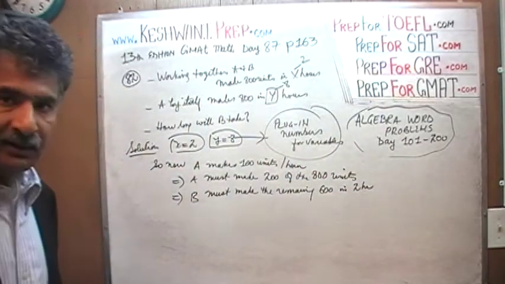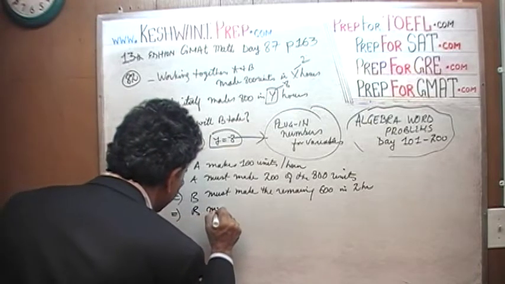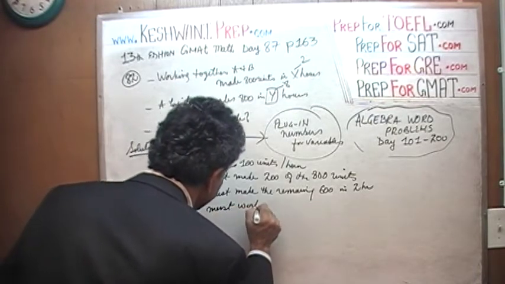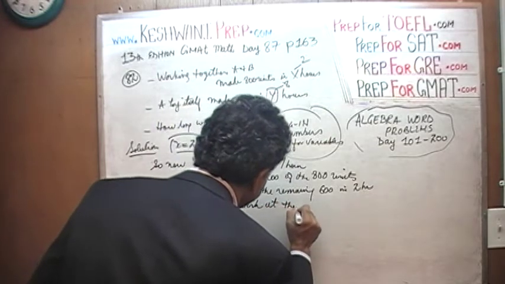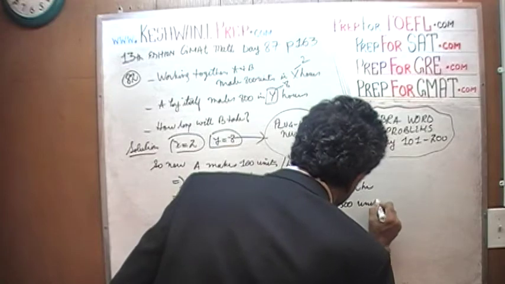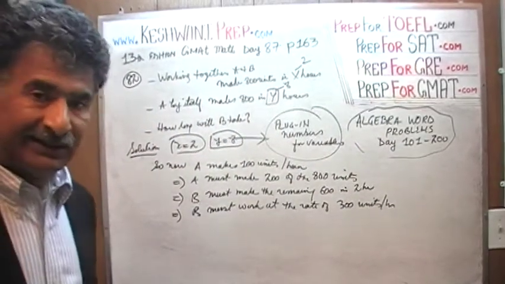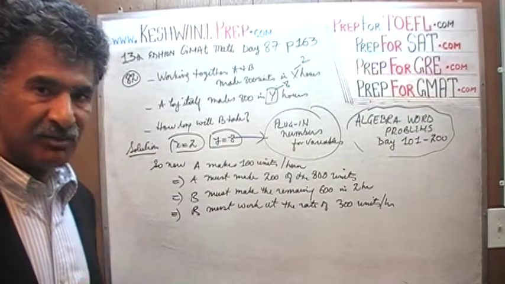Well, if B is making the remaining 600 in 2 hours, that in itself implies that B must work at the rate of 300 units per hour. That's the speed of B.